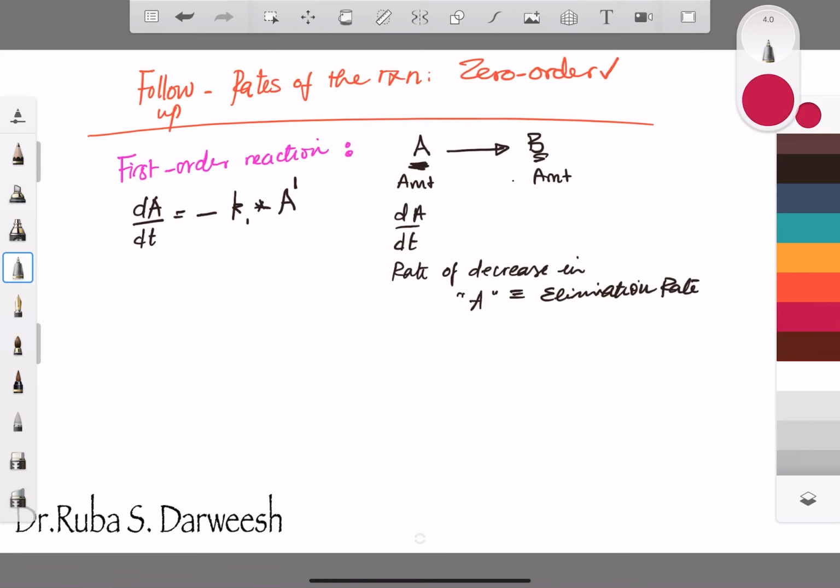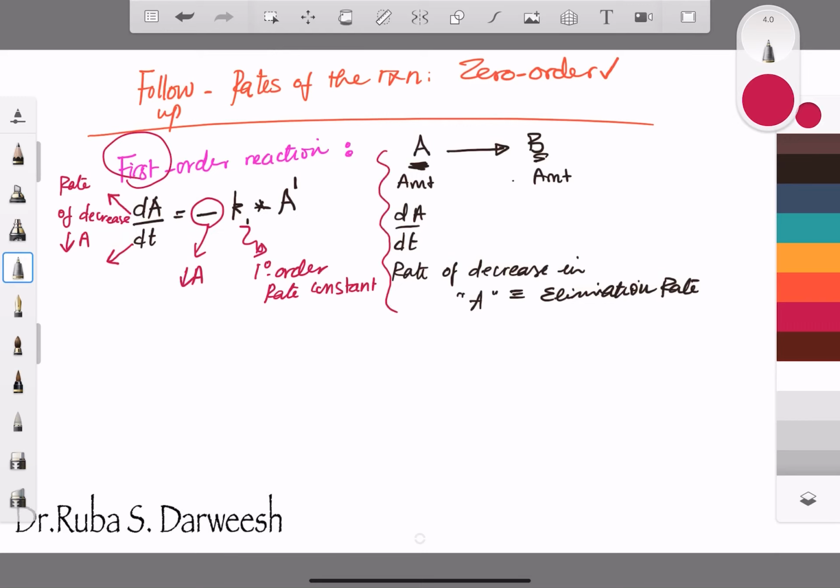Okay, this is the rate of change in the amount of A over change in time, so it's the rate of decrease in the amount of A. This is negative because we are talking about a decrease in A. K, as we are talking about first order, is called the first order rate constant, and A is the amount of A at time t.